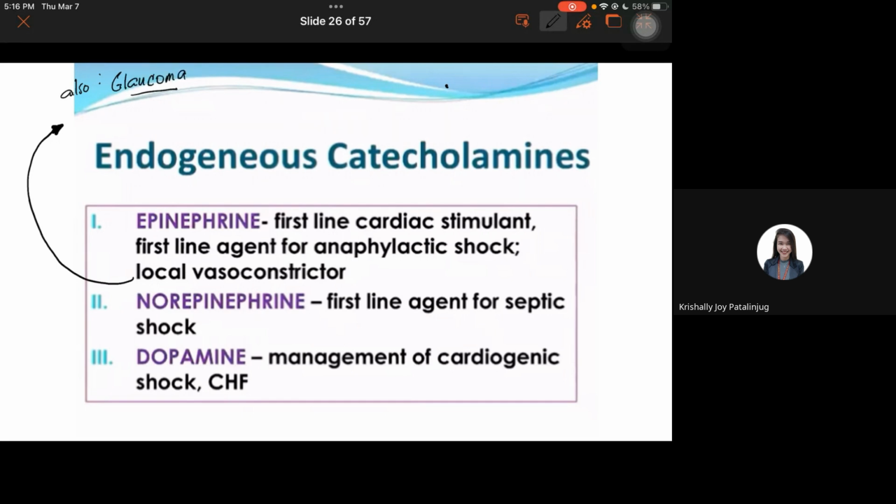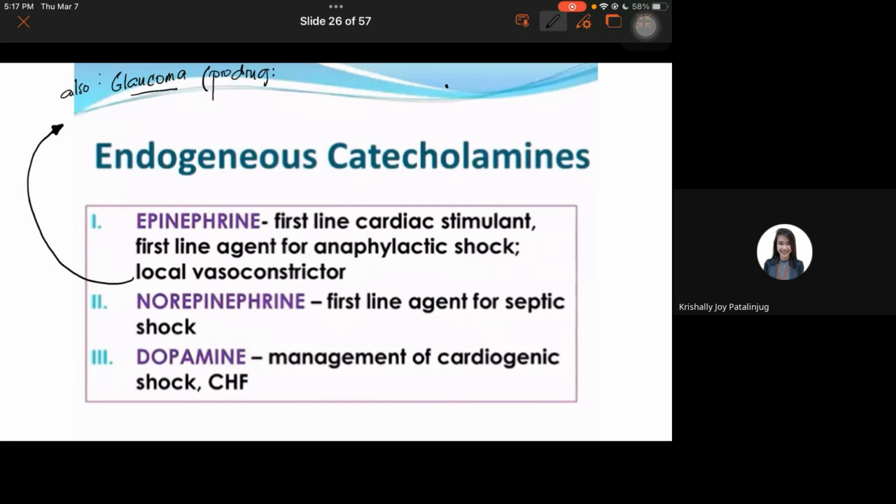Class, if you heard about glaucoma, anong parte ng katawan being affected? Okay, eyes. We actually have a preparation, a specific preparation of epinephrine na being used to treat glaucoma. That's the prodrug of epinephrine.